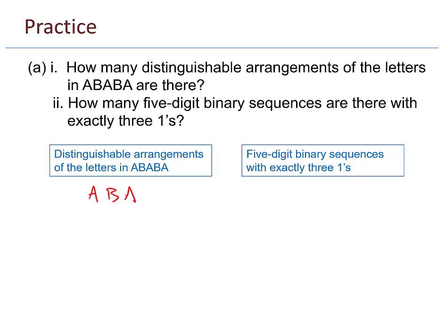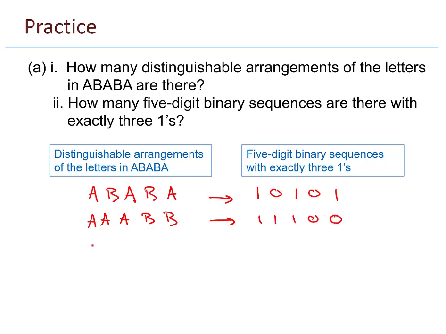And I need some kind of a binary sequence, so zeros and ones, with exactly 3 ones. Well, I have 3 A's on the left, so how about if I make my A's into ones and my B's into zeros? There we go. So given any arrangement of A's and B's, I have a corresponding binary sequence with zeros and ones.